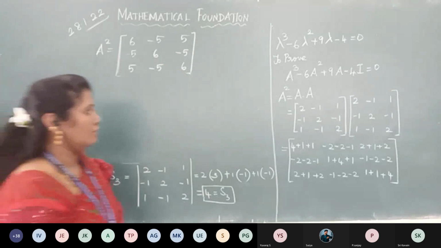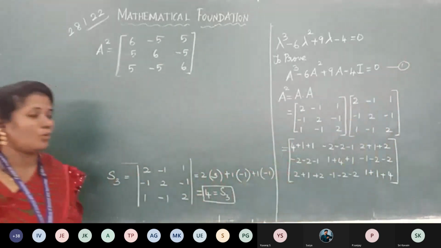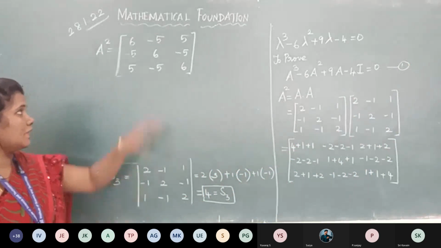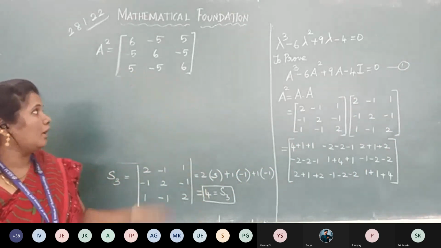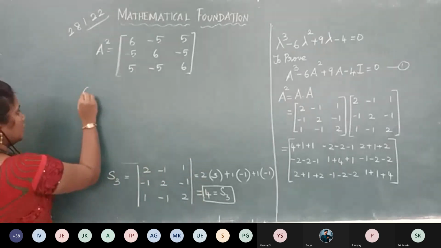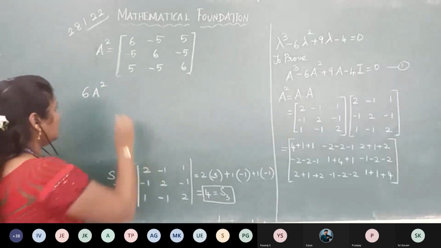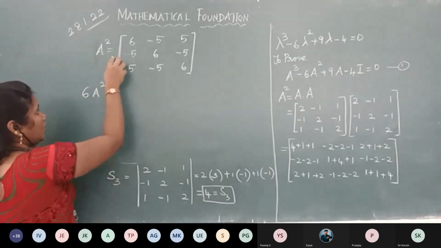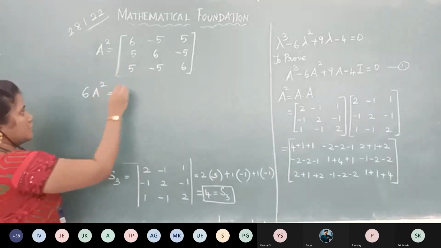So in that given question, in this first equation, I want 6A square. Because this A square is already very big, we will find out 6A square also, so that when you substitute it there, it will be easier. So you have to multiply this matrix by 6. That is your 6A square.